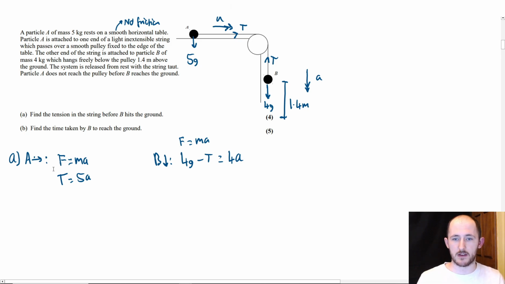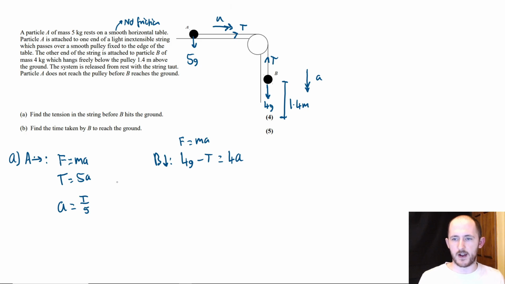So instead I'm going to rearrange this equation for A. Now, technically speaking, you could find what A is and then also find T, because I'm willing to bet we need to know what A is for the next part. So either way round, you're not actually wasting any time, because if you find out A in this part, you can use it in part B. We're going to need acceleration eventually, I'm willing to bet, for the time taken. But we'll do it in order in this case.